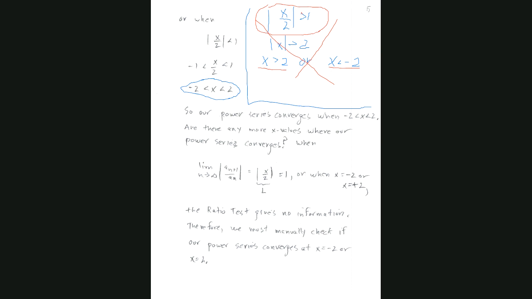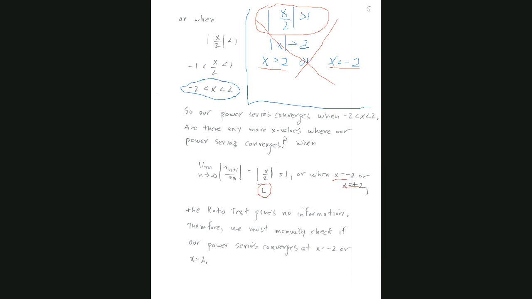But what's left is when x equals negative 2 or positive 2. That's what's left to worry about, because the ratio test gives no information when the ratio equals 1. And when x is negative 2 or positive 2, the common ratio x over 2 has absolute value 1.